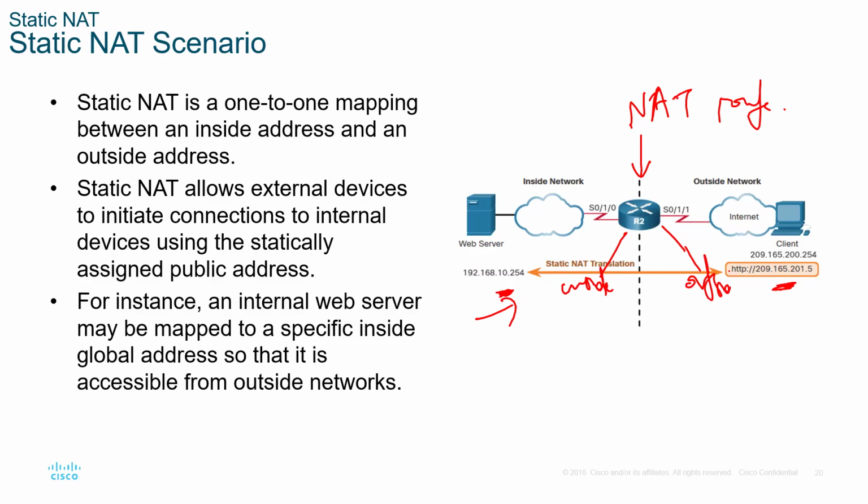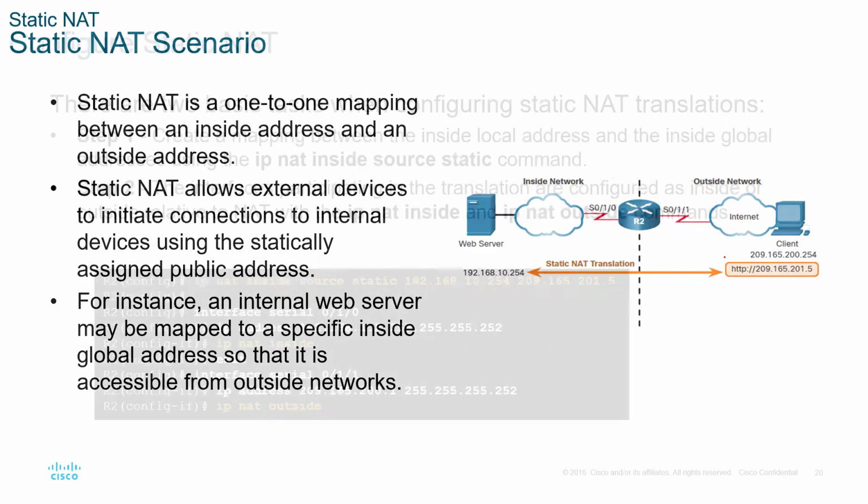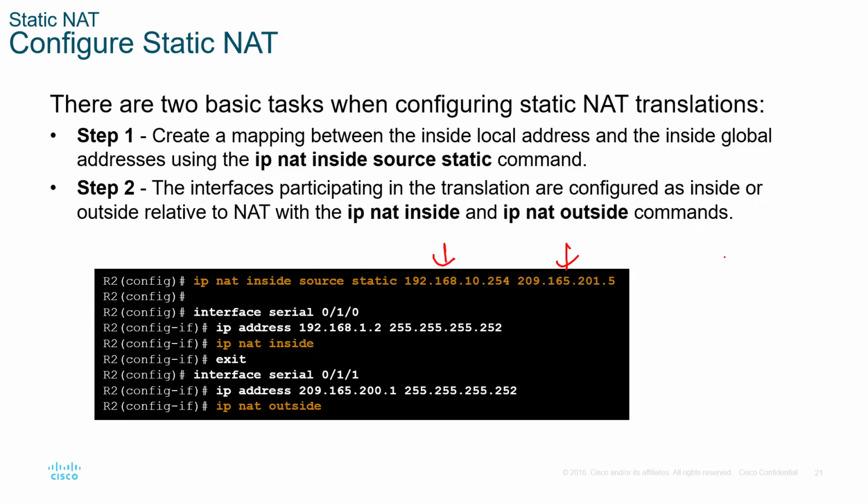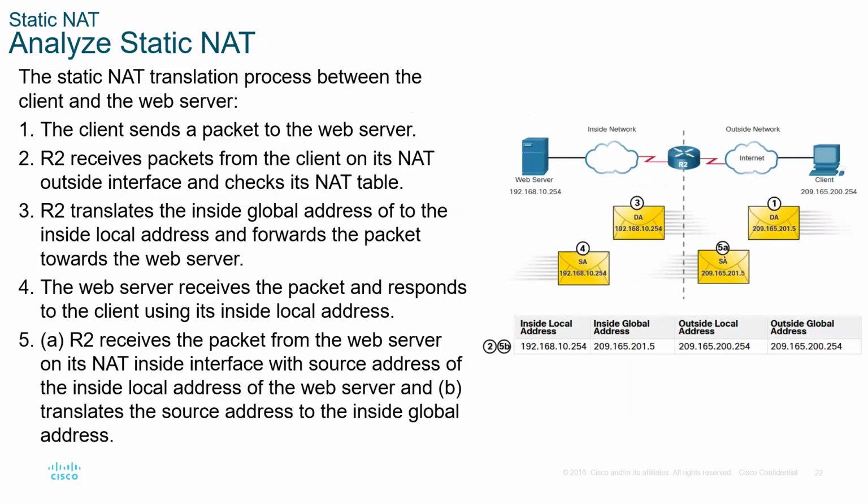Here from outside the network, we have the outside interface. So to configure these two, we just enter the interface configuration mode and you input the IP NAT inside or IP NAT outside command. Simple configurations.